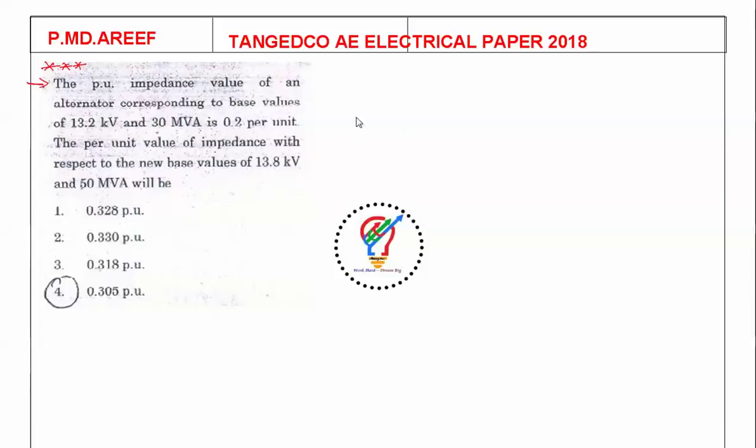So the formula here is X per unit new is equal to X per unit old into MVA new divided by MVA old into kV base old square divided by kV base new square.